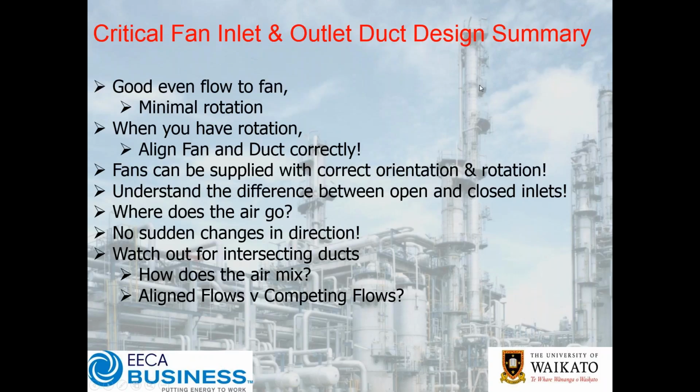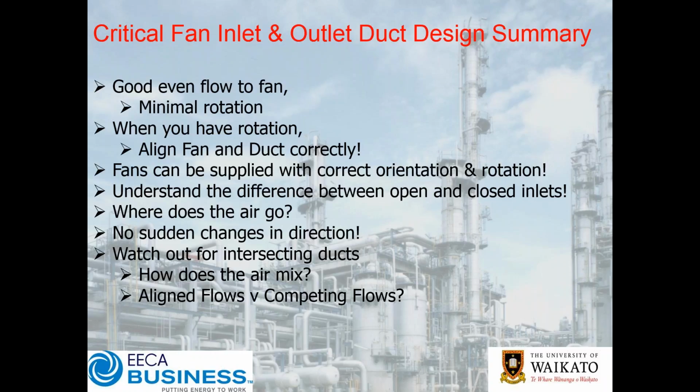So as a bit of a good summary here, your critical fan inlet and outlet duct design solutions. You want good even flow to the fan with minimal rotation. When you have rotation, you want to align the fan and duct correctly. Fans can be supplied, as we just talked about, with the correct orientation and correct rotation.